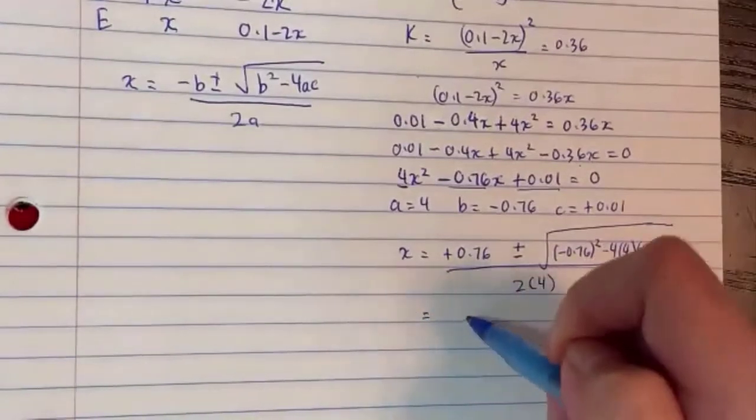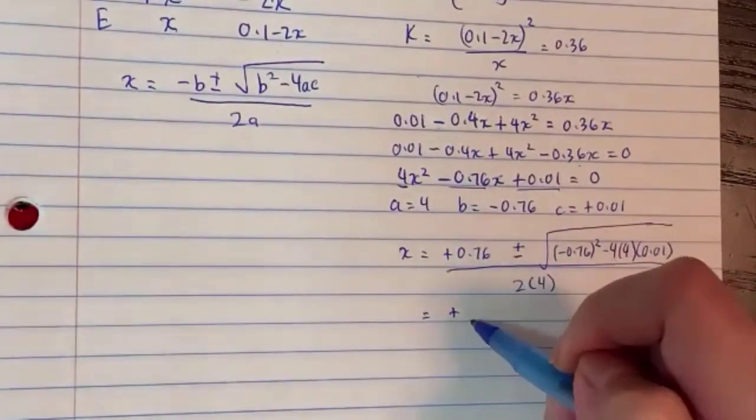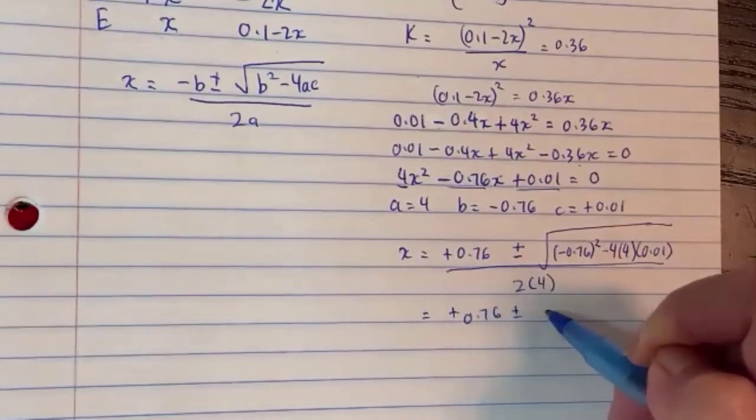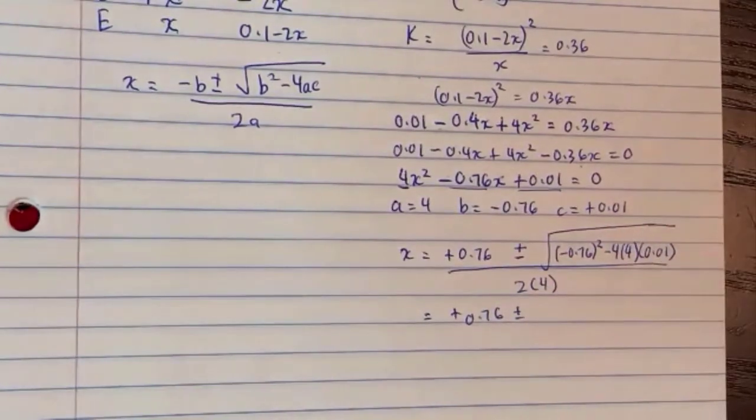So then we simplify this a little bit. So this is now 0.76 plus or minus. Let's get the answer in here. So you take 0.76 squared and then minus the term for 4AC here, and then square root it.